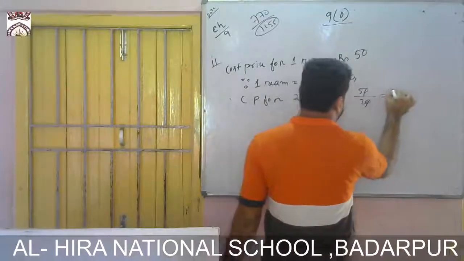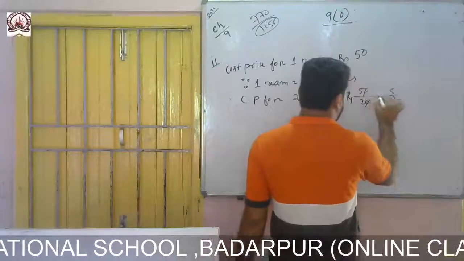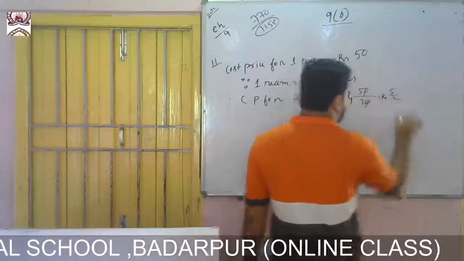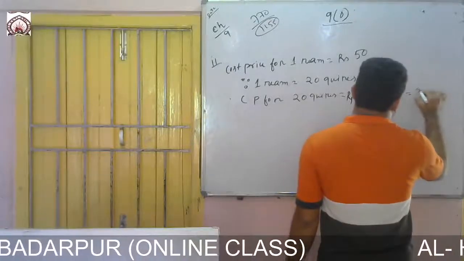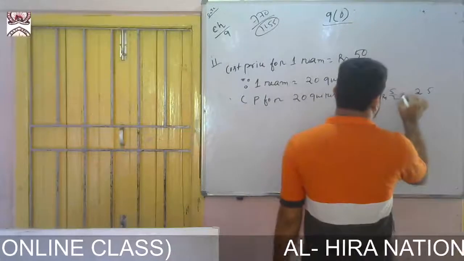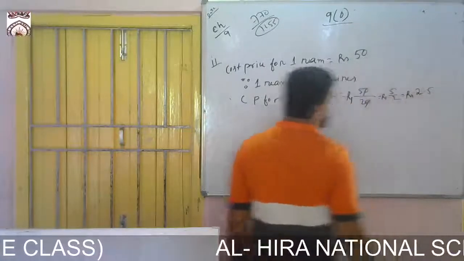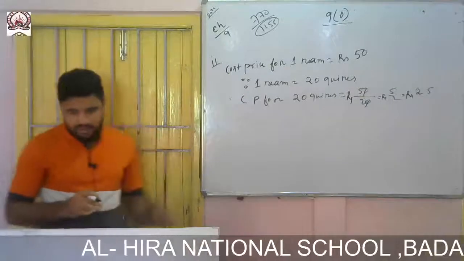Cancel: it is 5 by 2 rupees. If you divide, it comes to rupees 2.5.